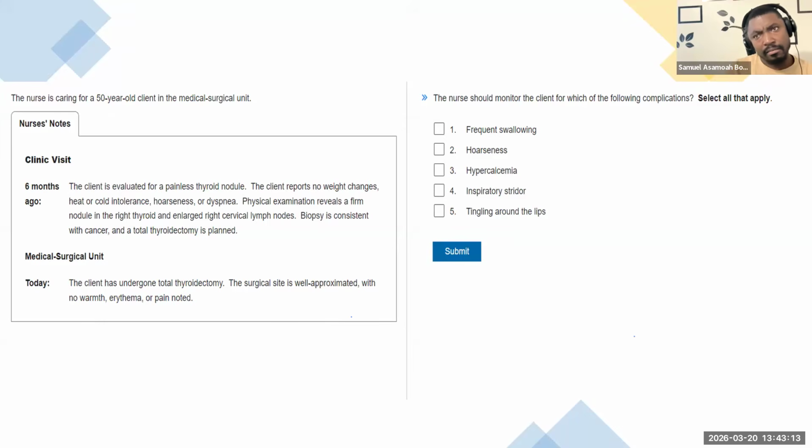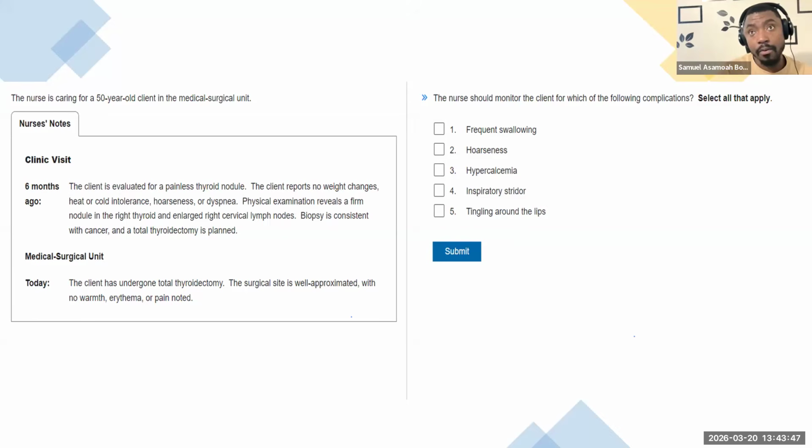We established that anything like tingling. Is that what we established? We have expected the Chvostek sign. So the tingling around the lips, in fact, you call it circumoral paresthesia.